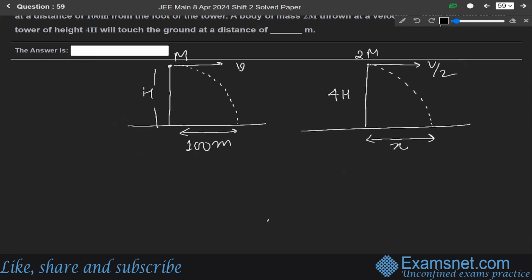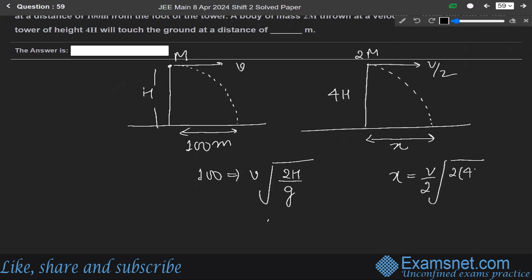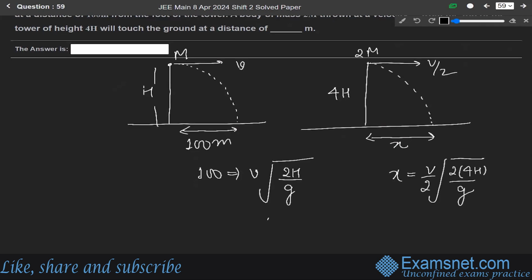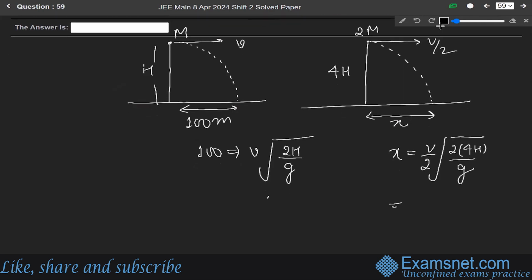So for this we can write 100 meter equals v times root of 2h over g. And for this we can write x equals v/2 times root of 2 into 4h over g. So x equals v/2, and since it is 4, it will come out of the root as 2, so it is 2 root of h over g.